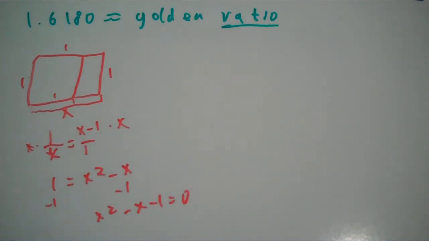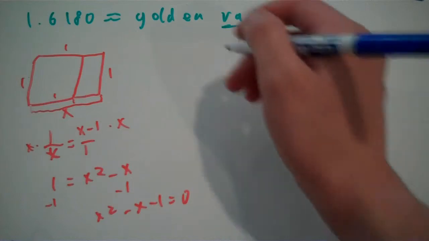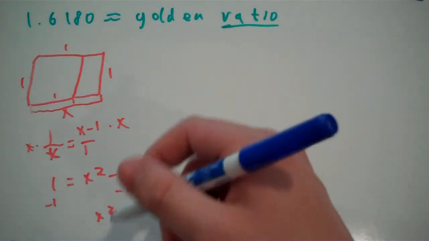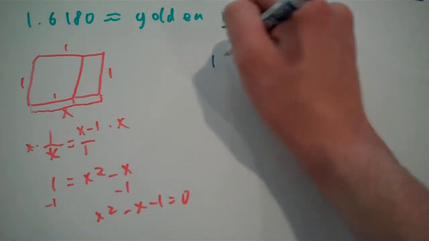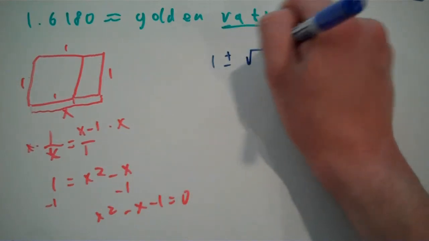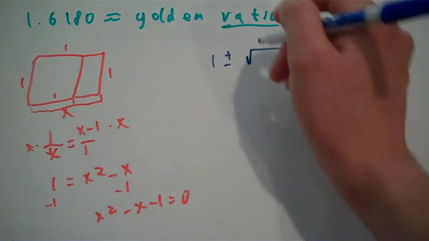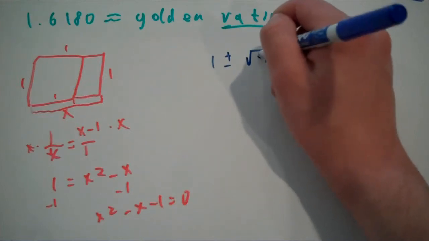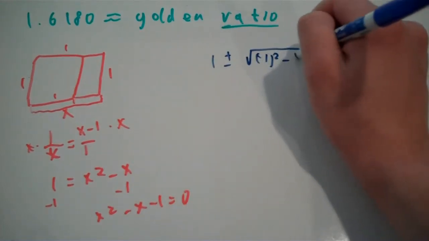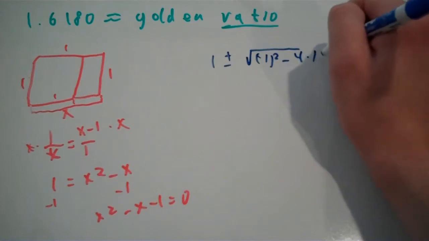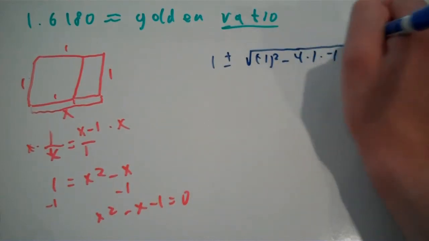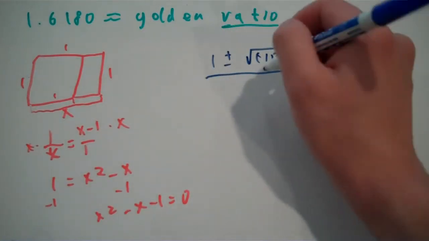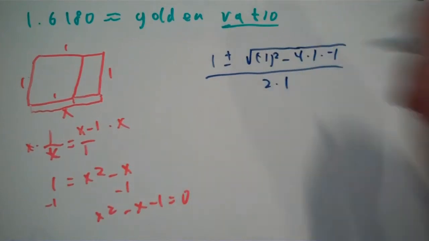Now, we have a quadratic equation, which means we can use the quadratic formula. So, we'll have negative b, and since b is negative 1, we have 1 plus or minus the square root of negative 1 squared minus 4 times 1 times negative 1, all over 2 times 1.